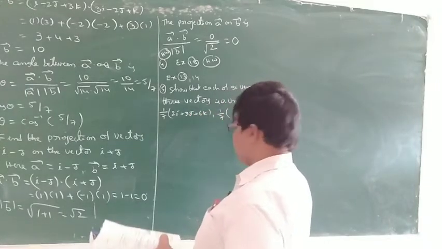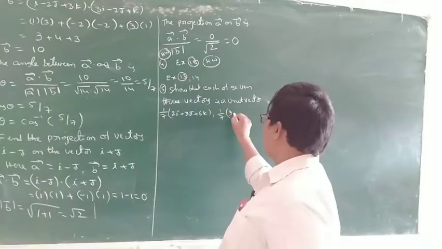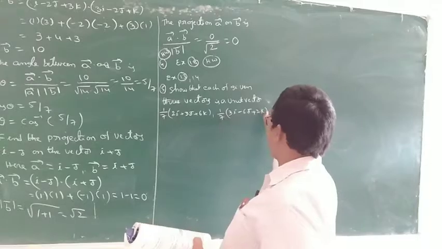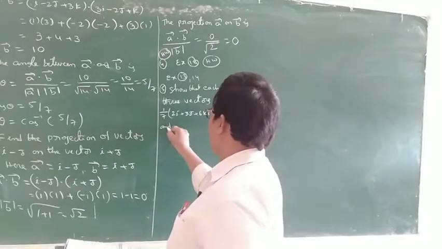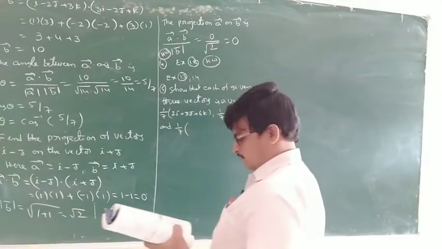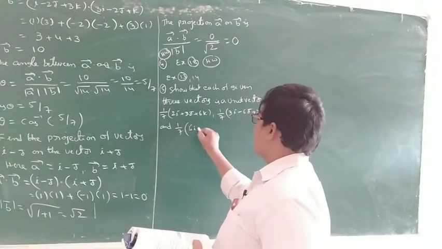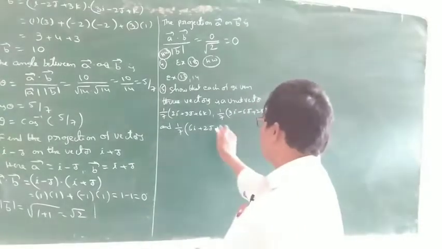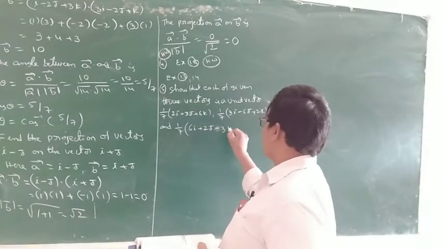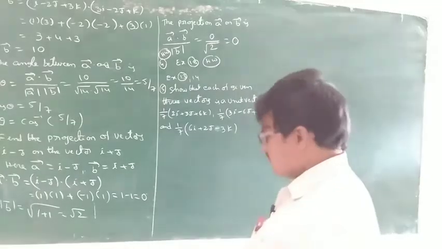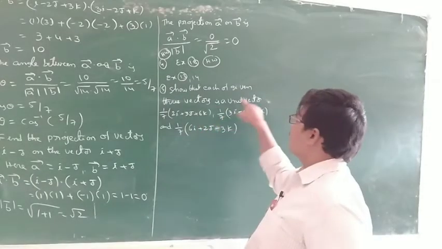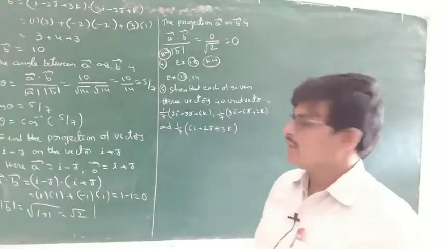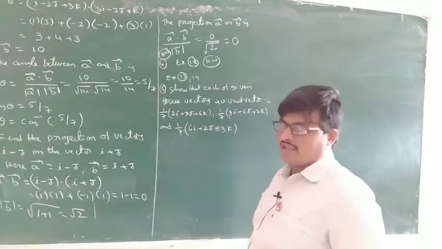Next, 1 by 7 into 3i minus 6j plus 2k, and 1 by 7 into 6i plus 2j minus 3k. These three vectors are unit vectors. Unit vectors means what? Magnitude 1. So find the magnitude of each vector.